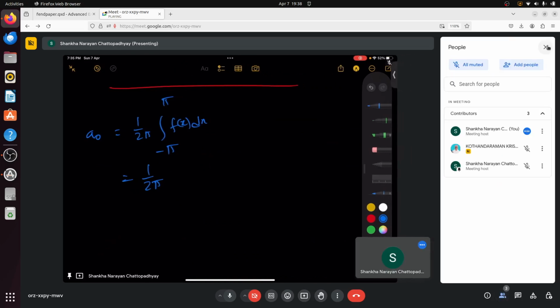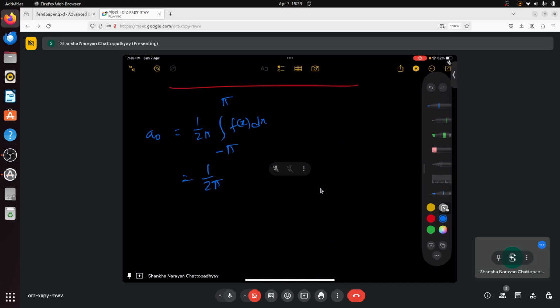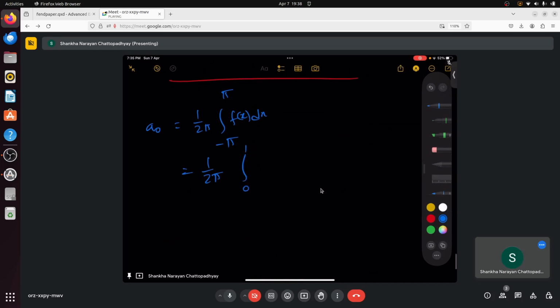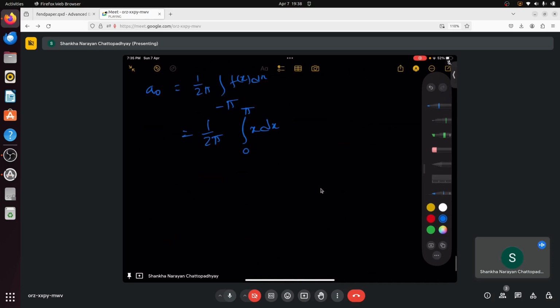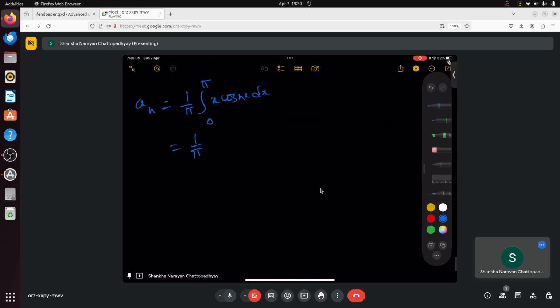Okay, it's 1 by pi, integration from 0 to pi of x dx. This becomes pi by 4. Next, an. So that will be first the chain rule.